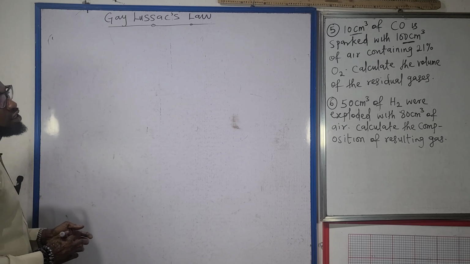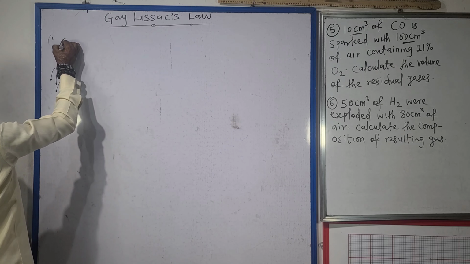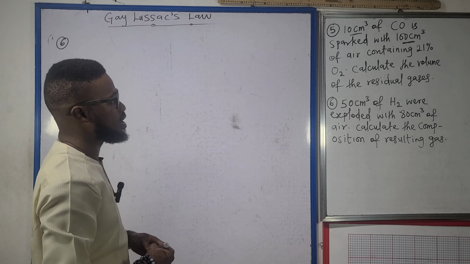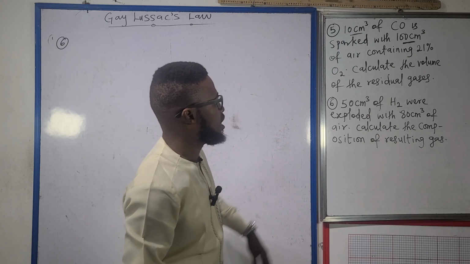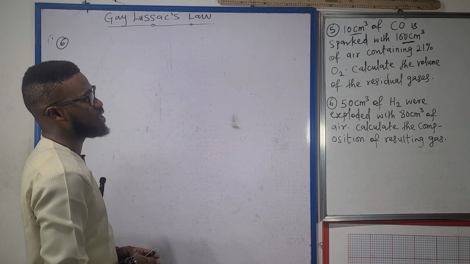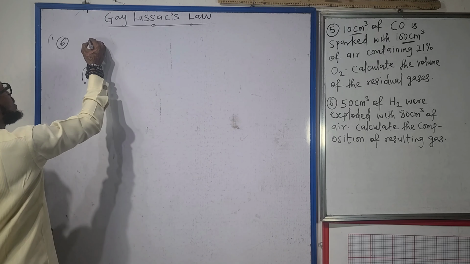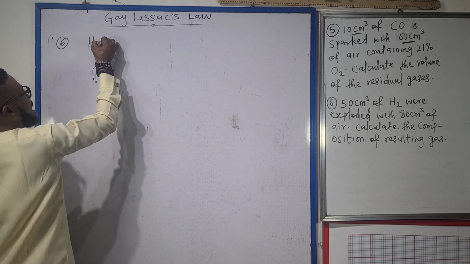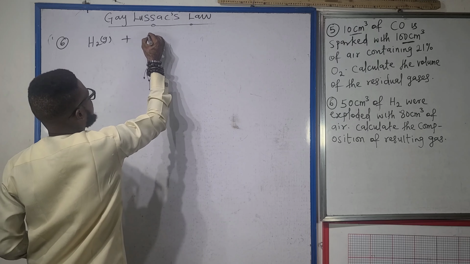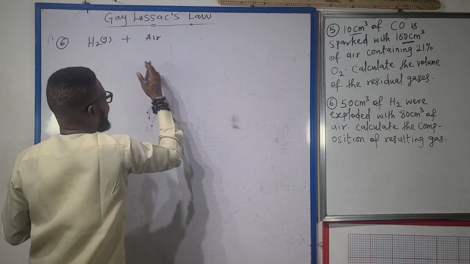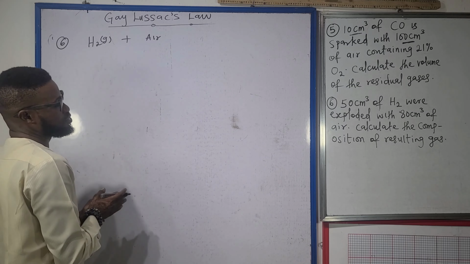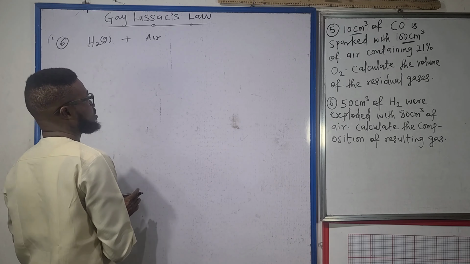Okay, moving on to question 6, also talking about air. Now 50 cm cube of hydrogen were exploded with 80 cm cube of air. So we basically have hydrogen gas exploded with air. Just like the last question, the hydrogen here is going to be reacting with the oxygen component of air.